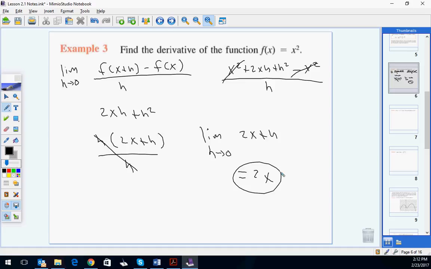Does anybody notice a pattern at all yet? Okay, you're close. You're close to thinking about what the power rule means. Just pay attention to this. We'll come back to it on Monday.